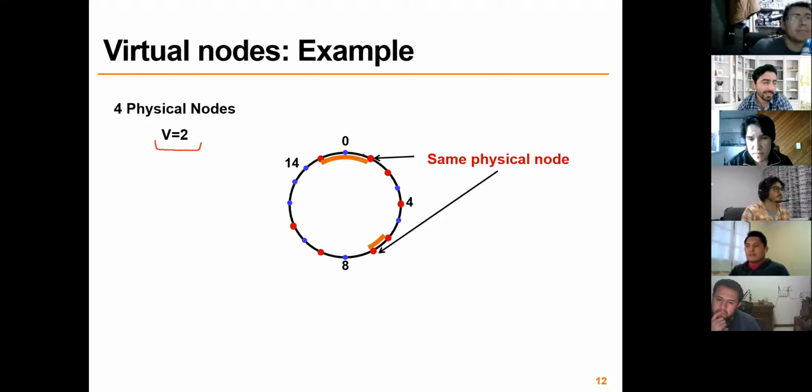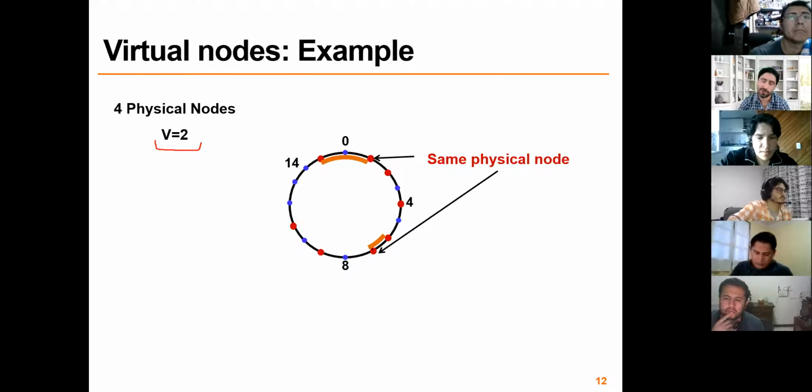I put here 4 physical nodes, and this is the same physical node, but 2 different virtual nodes, one physical node having 2 virtual nodes. Are you lost? If you're not lost, there is something wrong because you're supposed to be lost by now.